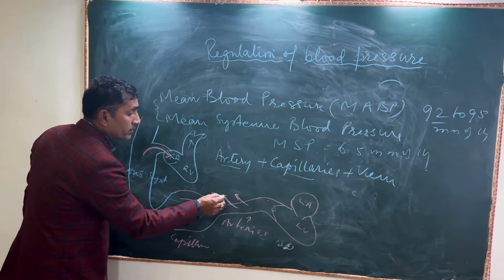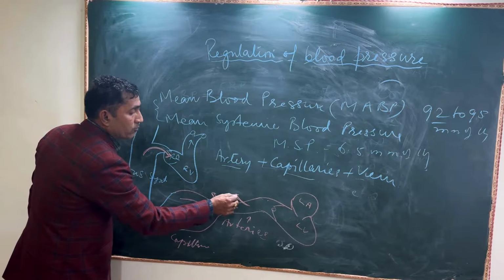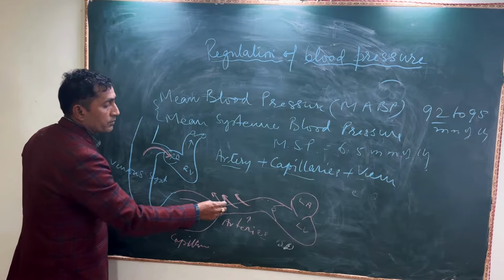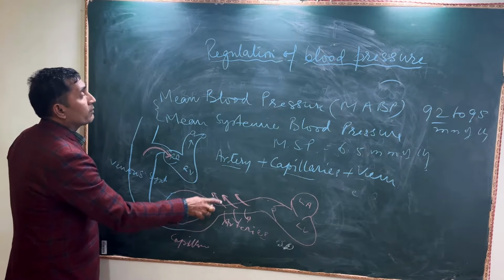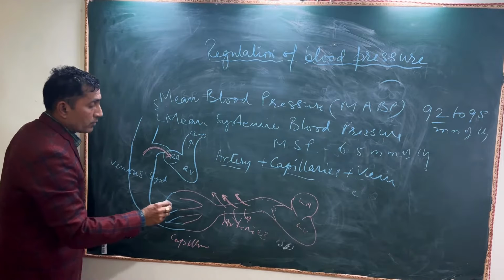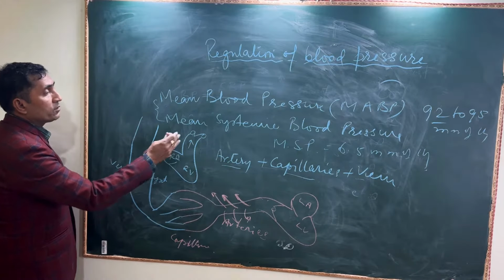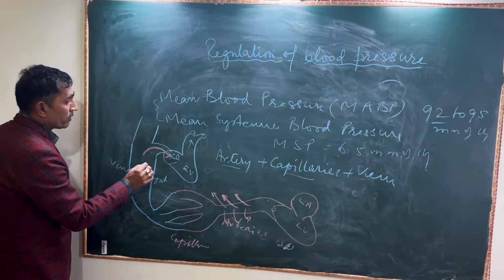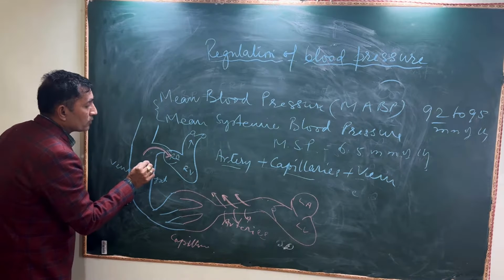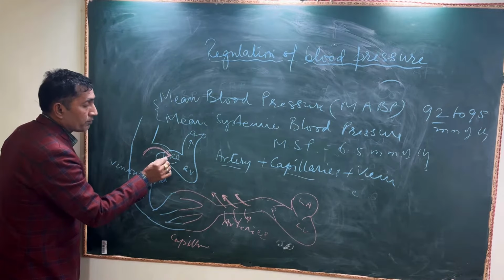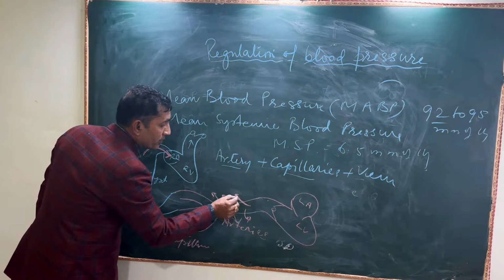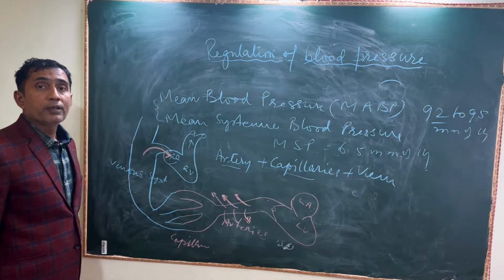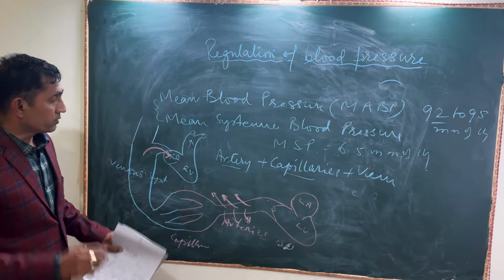Means how much content will be perfused will depend upon mean blood pressure. So just opposite, you can think about it: the mean systemic pressure will give us the venous return, and the mean blood pressure will give us the perfusion capacity of the vessels.